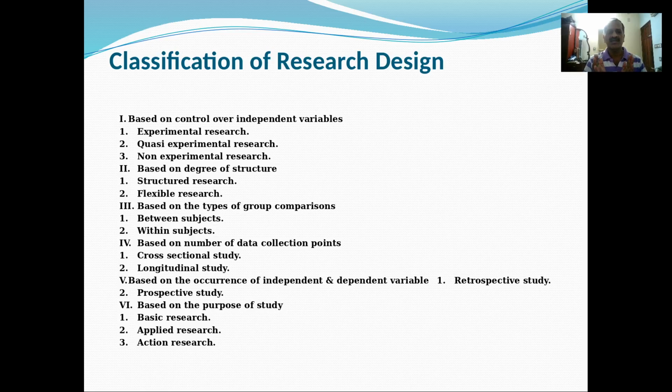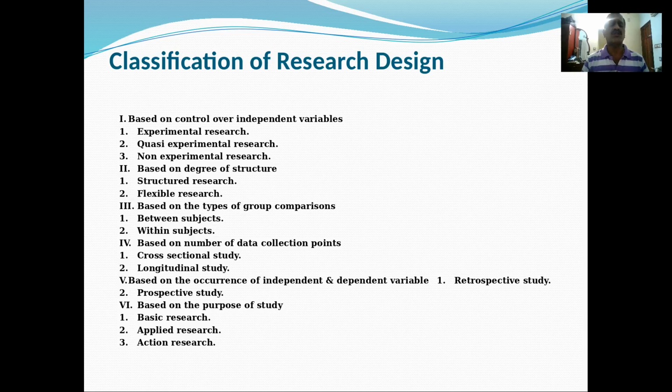So based on how much control the researcher has over the independent variable, we classify into three: experimental research, quasi-experimental research, and non-experimental research. As the name indicates, experimental research means 100% control over the independent variable.